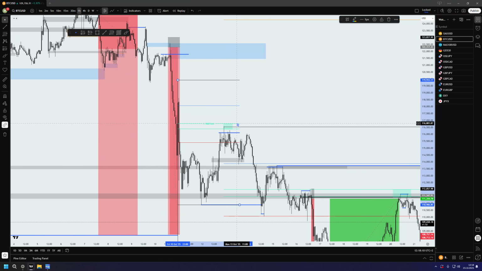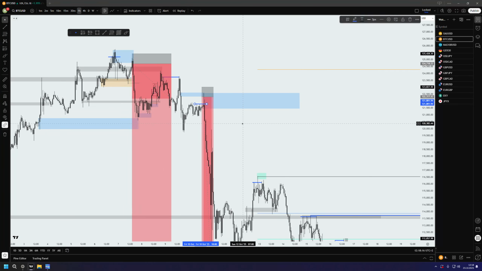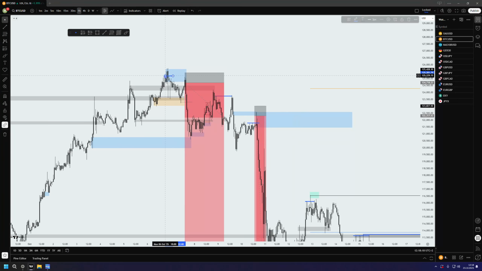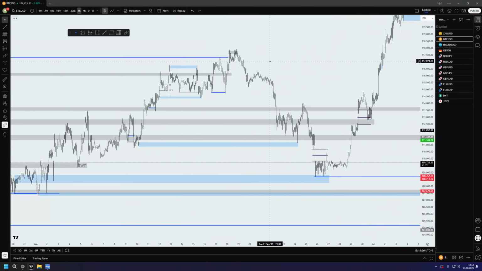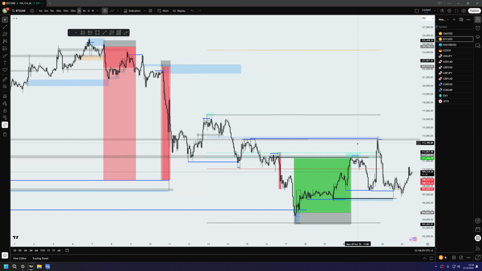Just tapped into the zone and then rallied. And we had the sweep here. Okay. I hope you see what I see and that you make good use of this.